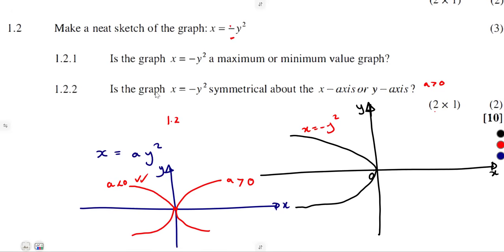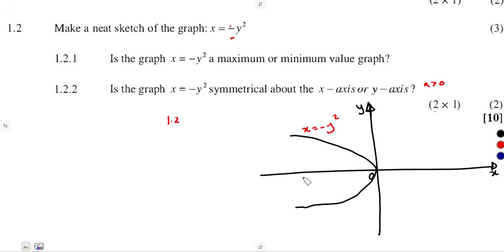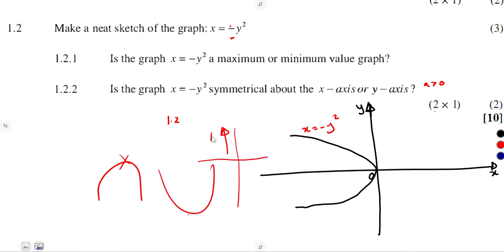And 1.21, it is this graph that we have just drawn here. Is it having a maximum or minimum value of the graph? All right. Remember, for the y values, if you're given something like this, that's maximum, minimum. So if you check, guys, the idea there was just like this. Remember, the y values, as you go up, they are positive.